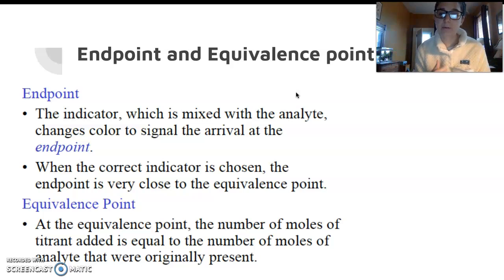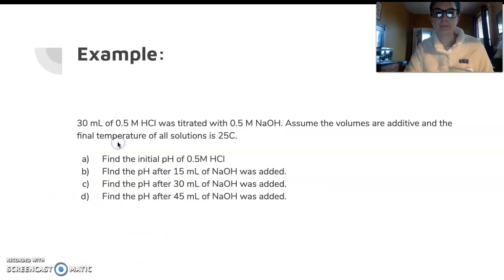The equivalence point is when the number of moles of titrant equals the number of moles of analyte that were originally present. So that's when the moles of analyte and titrant are equivalent. That's why it's called the equivalence point. And we want the equivalence point and endpoint to be as close together as possible.